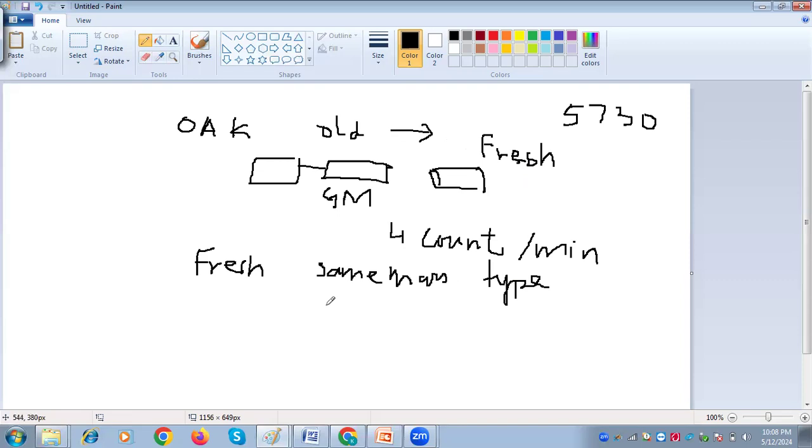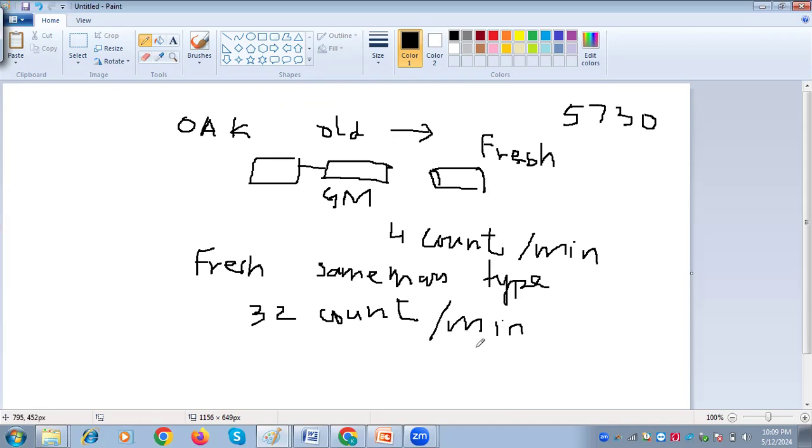So the old plant piece was giving only 4 counts, but the fresh one, with the same quantity, gives a higher reading. Suppose it gives 32 counts per minute, because there are more carbon-14 atoms, so the decay rate is also more.